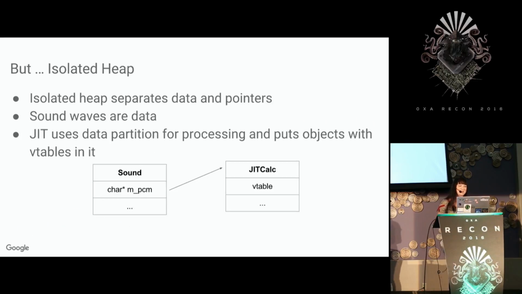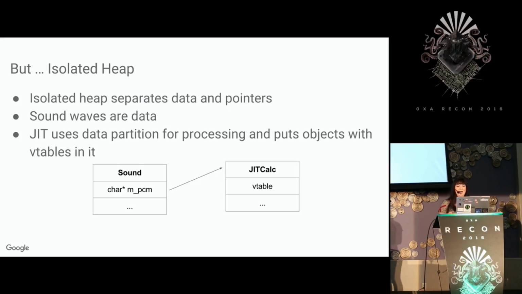But the isolated heap actually made this a little bit problematic too, because the PCM data is pointers to data, and ideally you'd like to get a pointer to a pointer so you can read one out and bypass ASLR. So I had to look around quite a bit before I found something that could be allocated in the data partition.